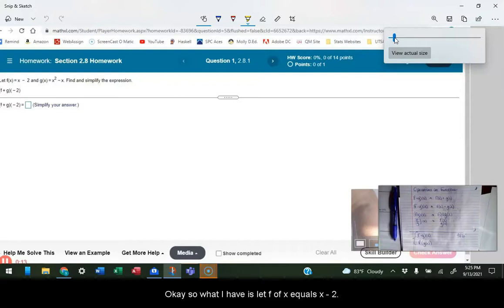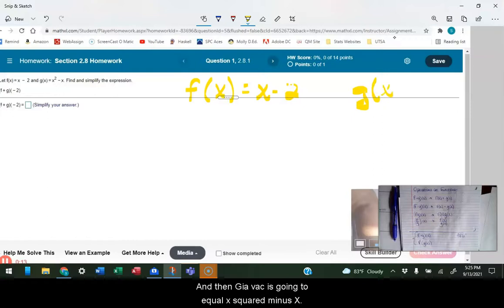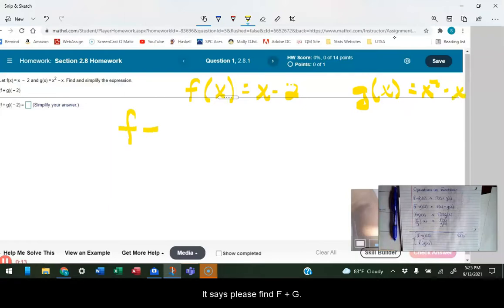Okay, so what I have is, let f of x equal x minus 2. So f of x is going to equal x minus 2. And then g of x is going to equal x squared minus x. Okay, it says, please find f plus g of negative 2.